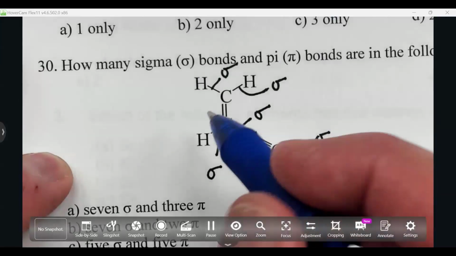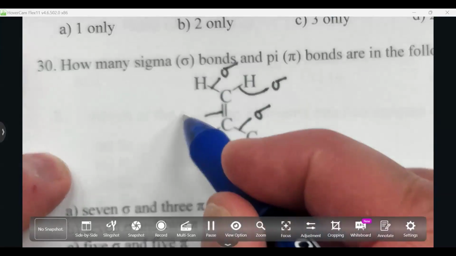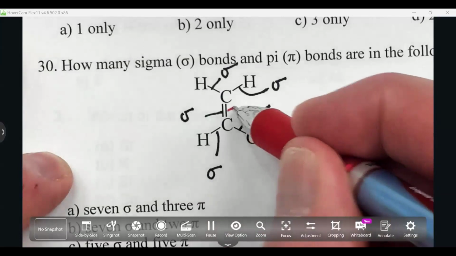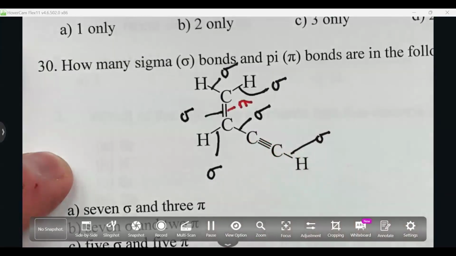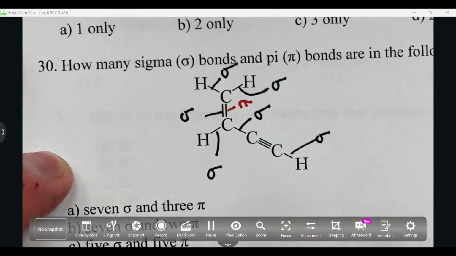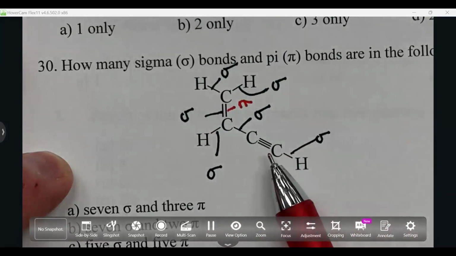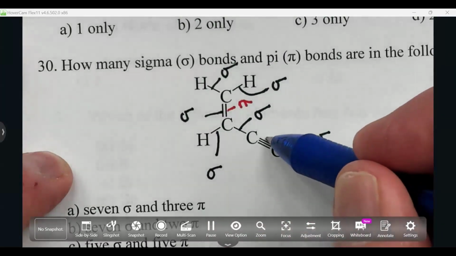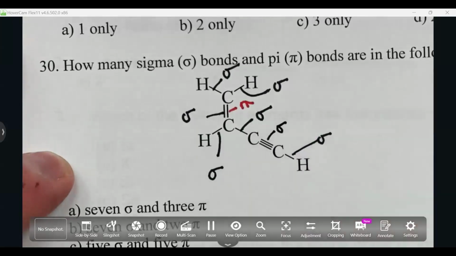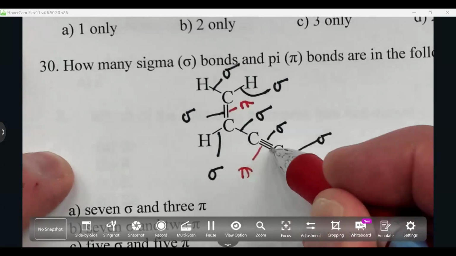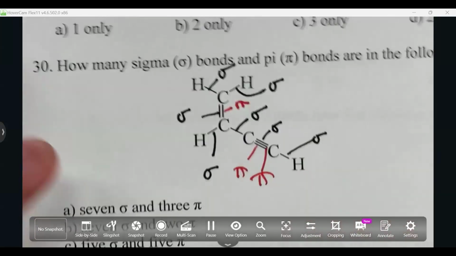And when you have a double bond, one of them is a sigma, and one of them is a pi bond, right? If you have a triple bond, you're going to have one sigma, and you're going to have two pi's no matter what. One sigma, two pi's.